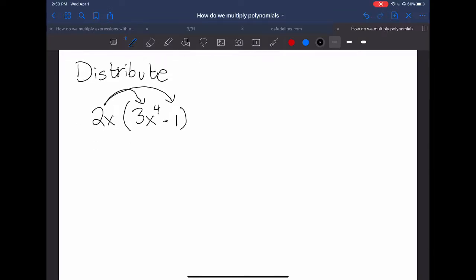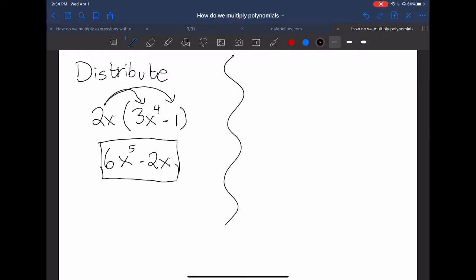I'll end up with 2x times 3x to the fourth, so 2 times 3 gives me 6, and then x to the first times x to the fourth, 1 plus 4 is 5, so I get x to the fifth, and then 2x times negative 1 is minus 2x, no like terms, so that's my final answer.